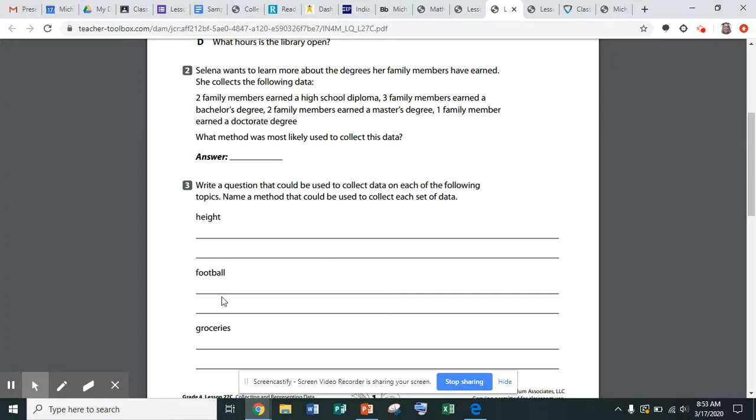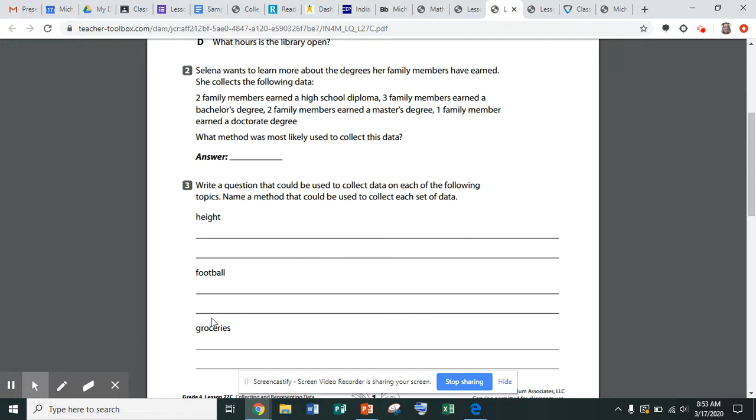Then you're going to do the same thing with the football. You're going to give me a question, and then you're going to tell me whether it's by survey, observation, or experiment. Refer back to when we did the lesson on Wednesday and the kid was kicking the soccer ball. So think about that, but use a football, maybe.